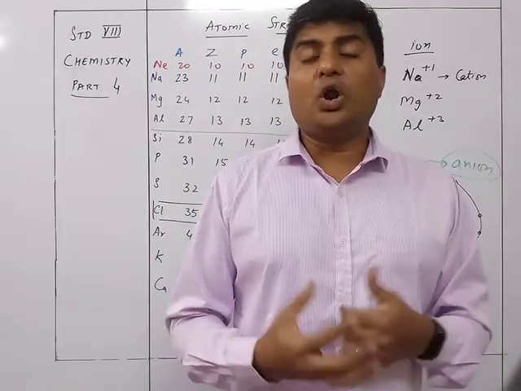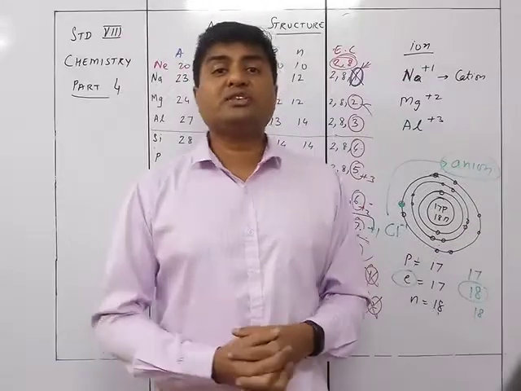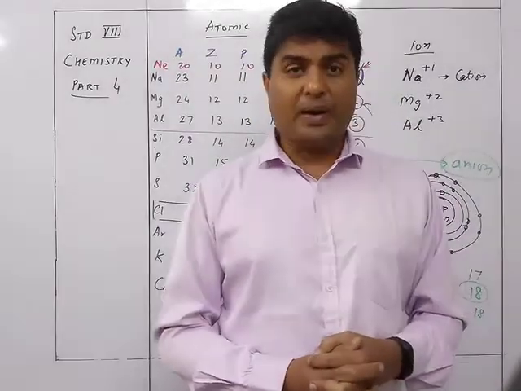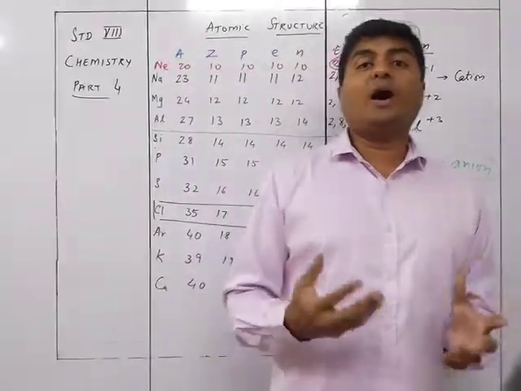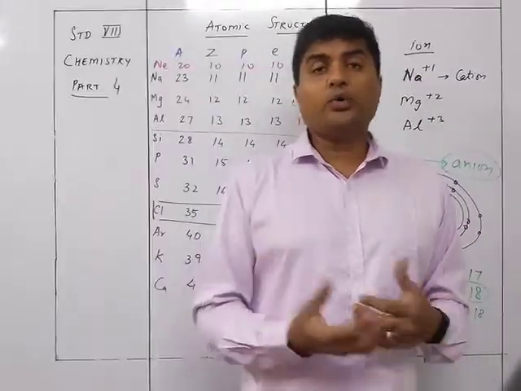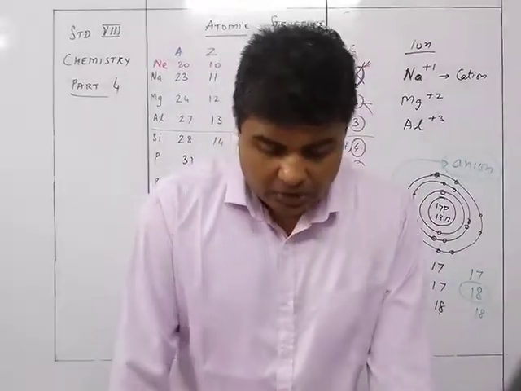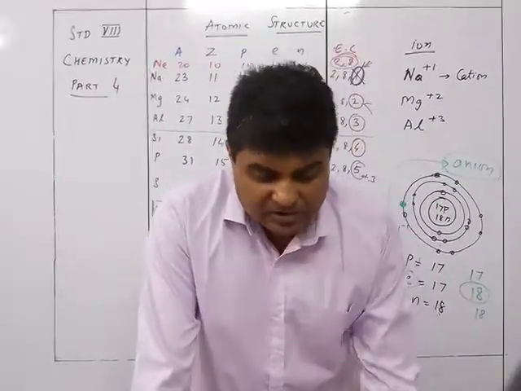This gain or loss of electrons or sharing of electrons causes the formation of compounds. So let's see how compounds are formed due to sharing or due to the give and take of electrons. Formation of compounds from atoms.